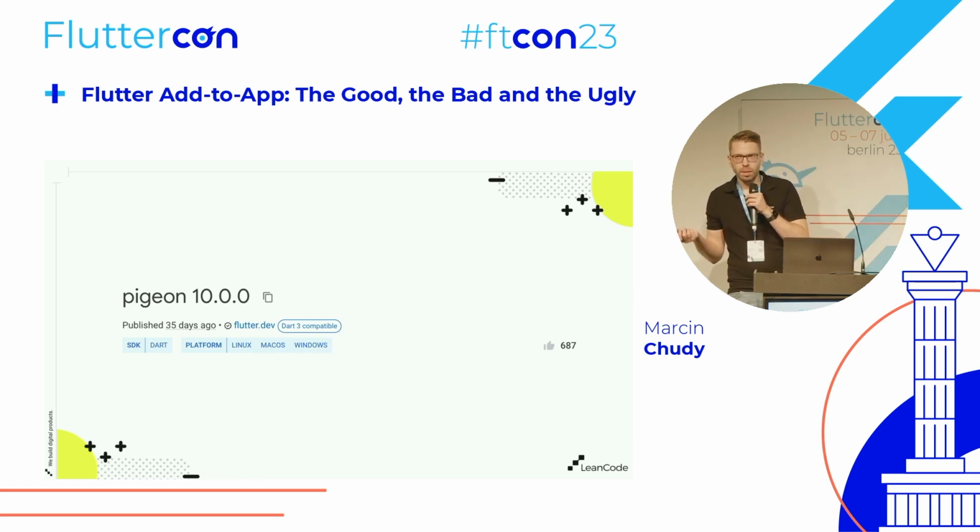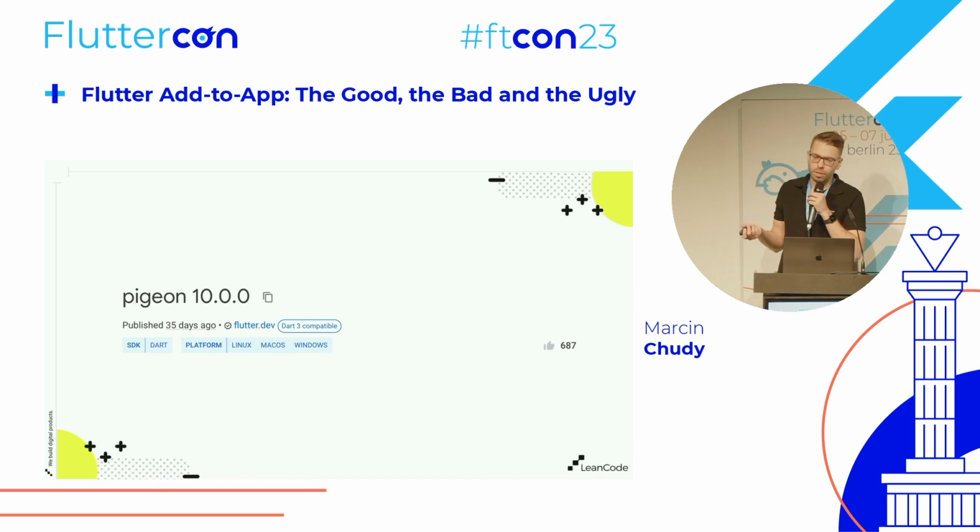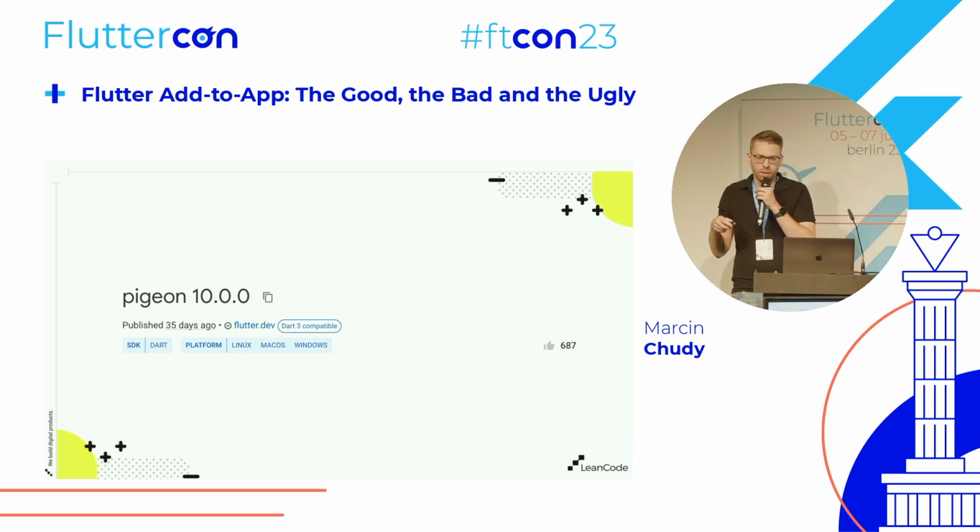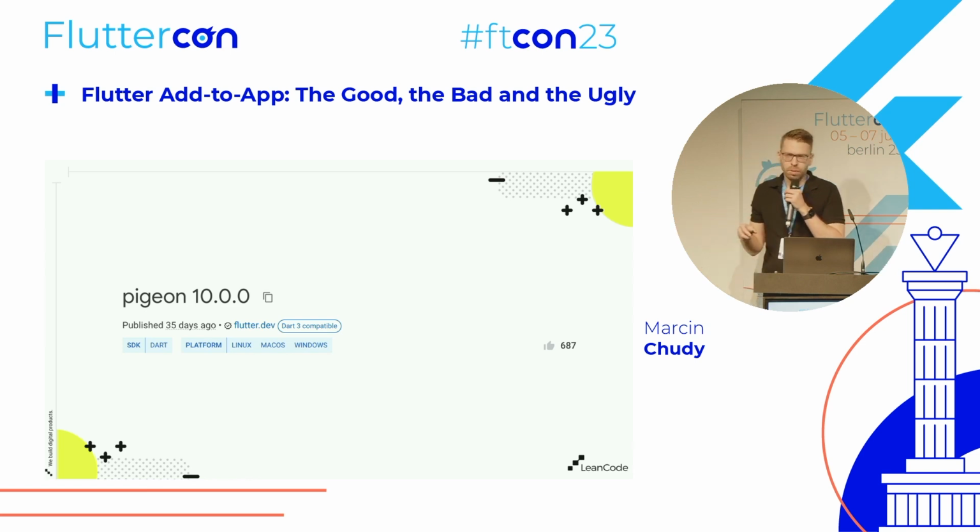It's basically like a contract generator where you write just some schema in Dart, and this will generate clients for iOS, Android, and Dart. So you will just have to call methods, and you can get some models that you define in the schema file. And that saves a lot of time.